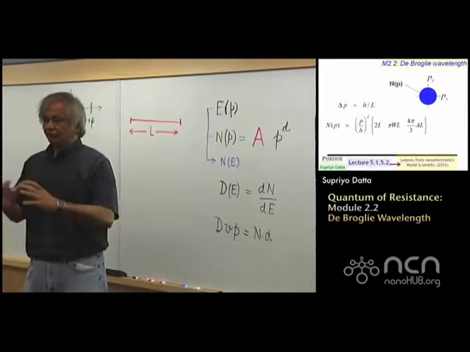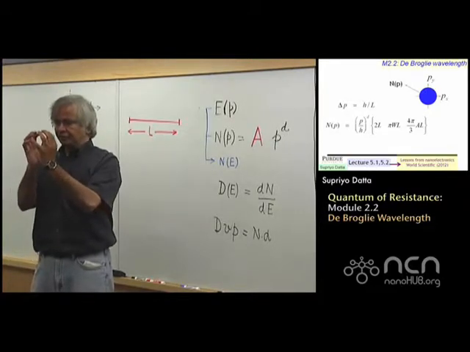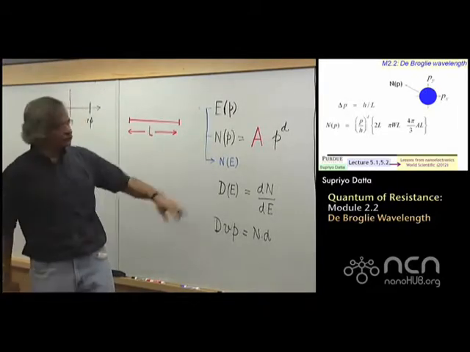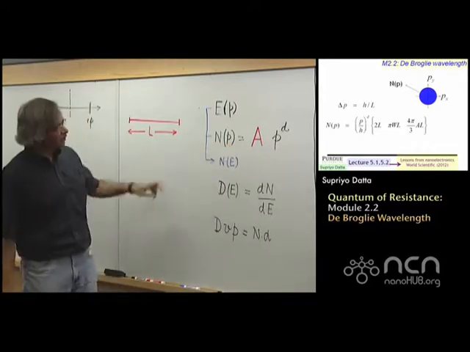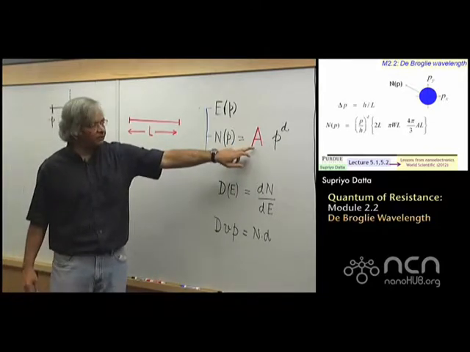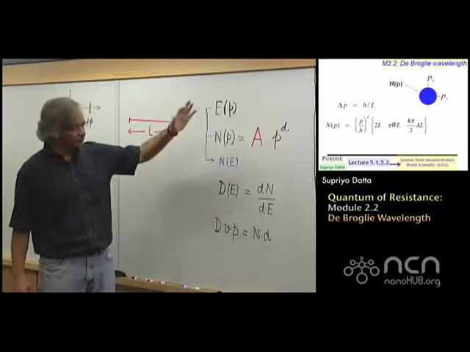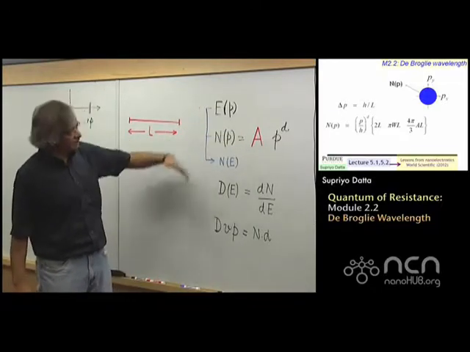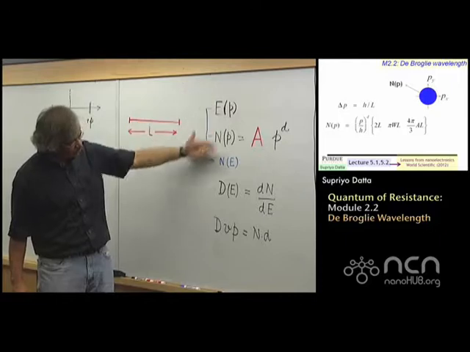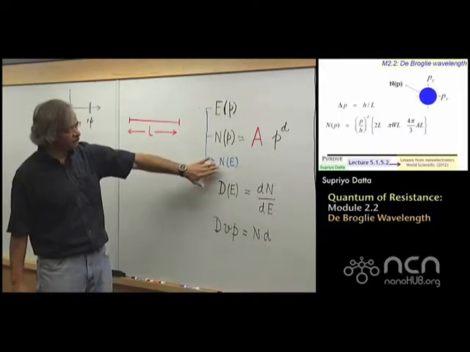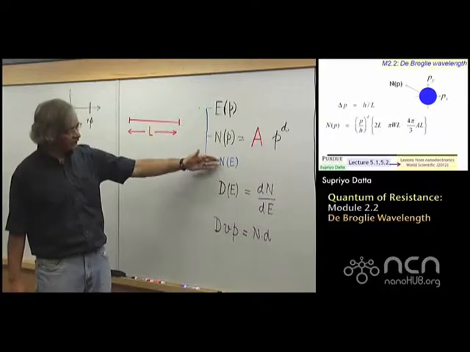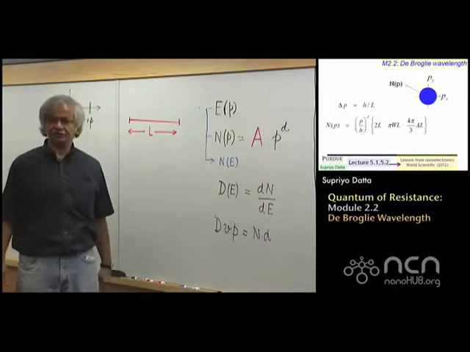Because if you are in 2 dimensions, it will depend on the area of a circle whose radius is p, and so on. So that's A p to the power t. And we didn't talk about this constant in front, and we said, well, even without knowing that constant, what you see is the overall picture: you combine N of p with E of p to get N of E, and then you take its derivative, you get the density of states.